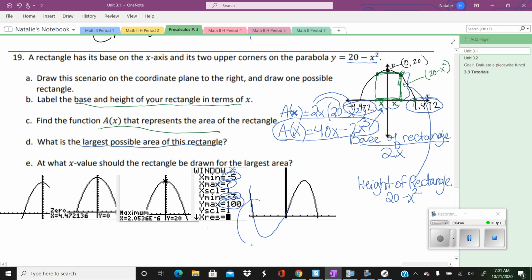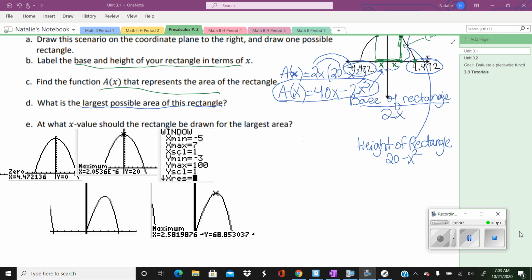I don't need to be concerned with the negative portions because they're not part of my logical domain. The relevant domain is only positive numbers in this case. Because this function is giving us the area of our rectangle, and the question is asking for the maximum area, it will be found right here on our function. So let's have our calculator calculate the maximum for us.